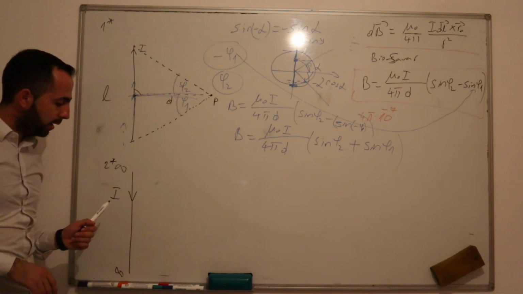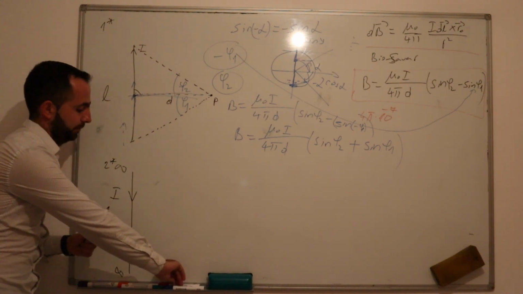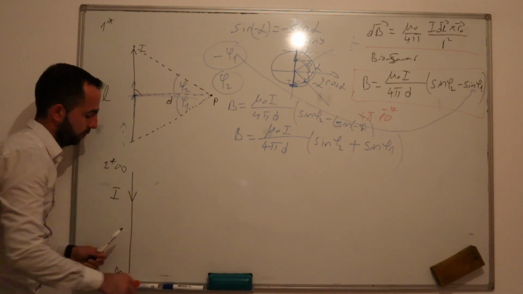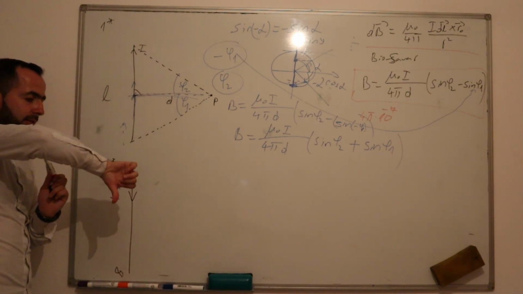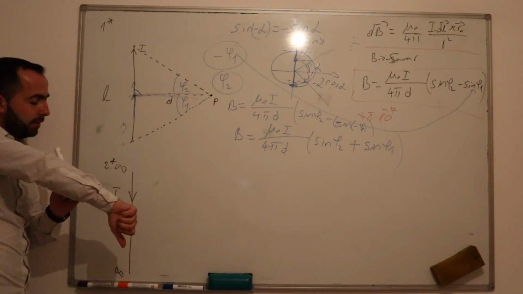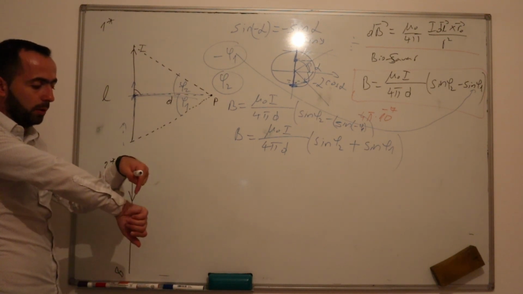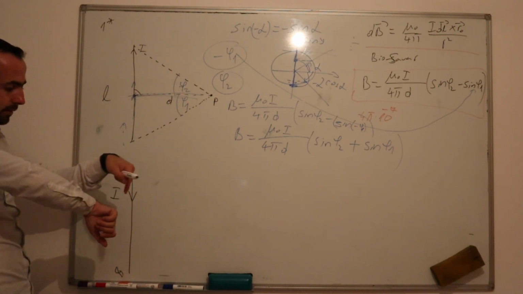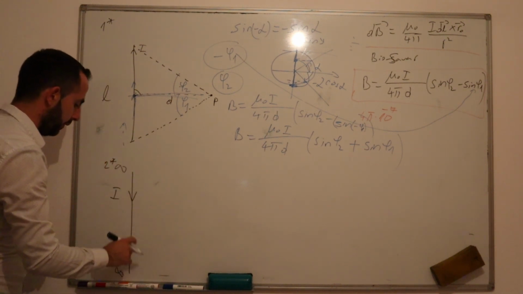So first we need to determine the magnetic field for this conductor. Our thumb, we put it in the direction of current, and our closed fingers show the direction of the magnetic field, and we will see that this is the direction of the magnetic field.